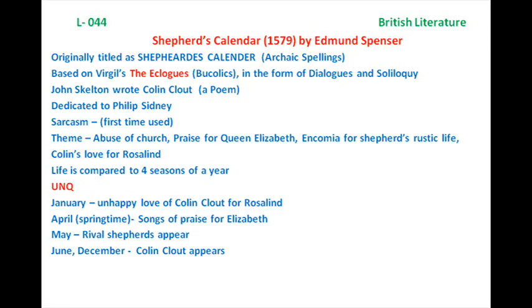And Colin Clout's love for Rosalind is being expressed in the month of January, and rival shepherds appear in the month of May. And one last question was that Colin Clout himself appears in which of these months? So we have 2 months, June and December.